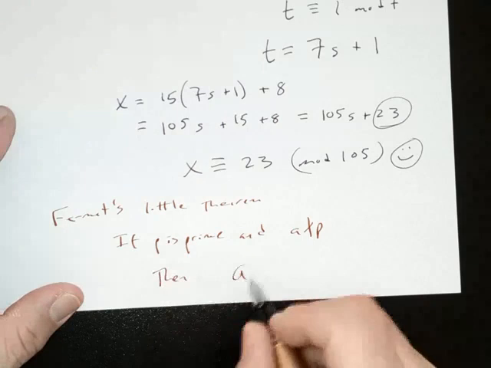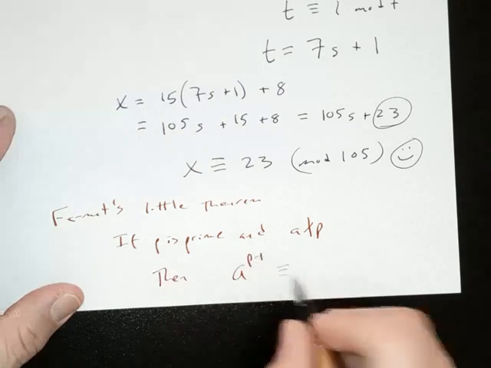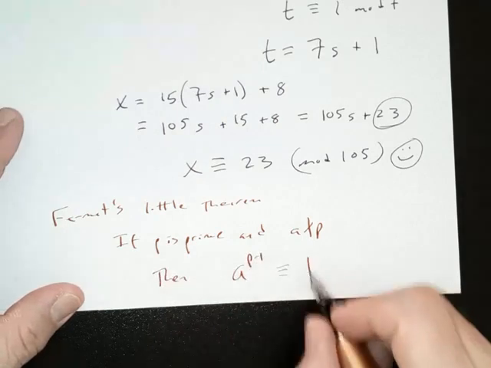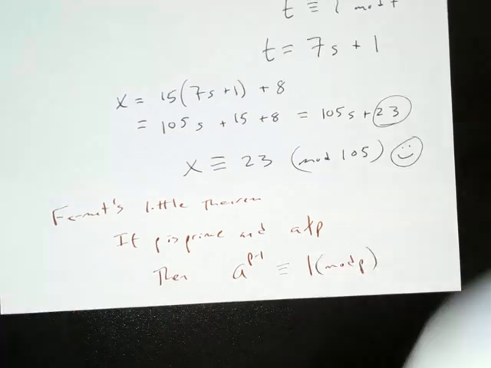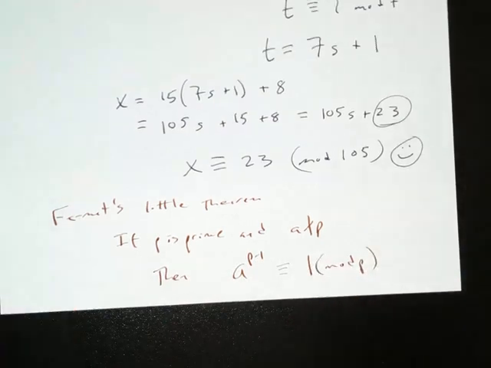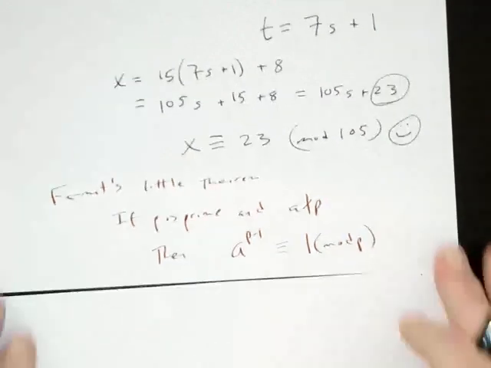Then if I raise any number that isn't divisible by p to the power p minus 1, I get something that's congruent to 1 mod p. Why is this useful?